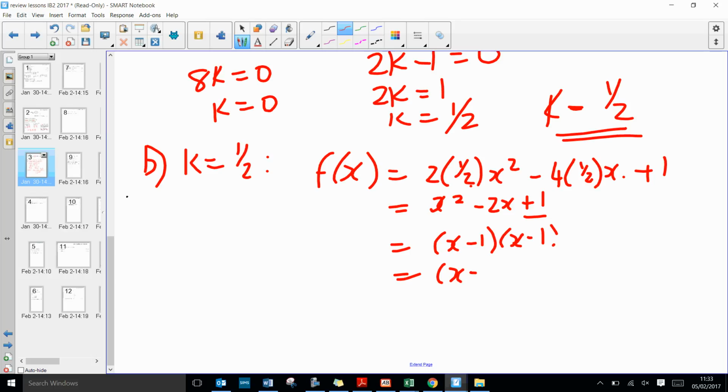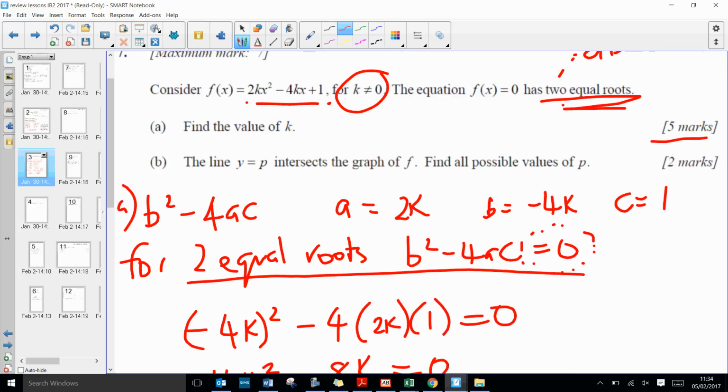Now this is where we need to remember our transformations of graphs. So this would be a basic parabola, so a basic x squared graph, but shifted 1 unit to the right. So if we were to sketch it, it would be going through positive 1 and look like that. Now they've asked us for the values of y that would intersect the graph.